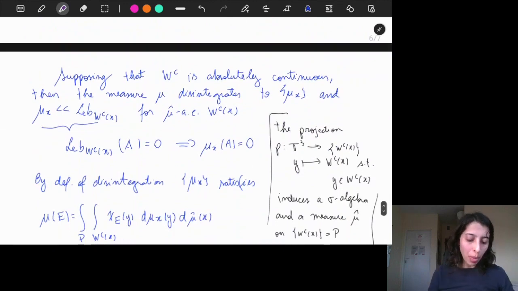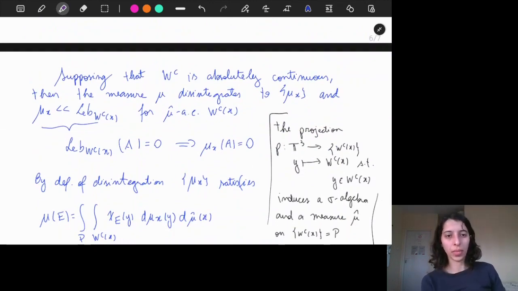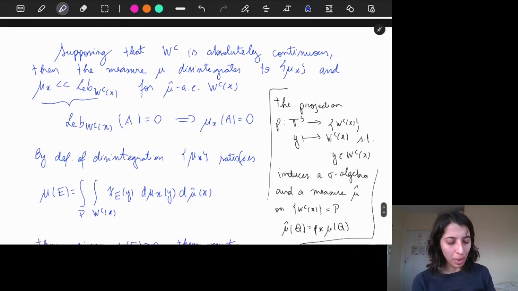Now, if we suppose that the center foliation is absolutely continuous, then as we take the measure μ and its conditional measures regarding the center foliation, by the definition of absolute continuity, this conditional measure should be absolutely continuous with respect to the Lebesgue measure for almost every leaf.